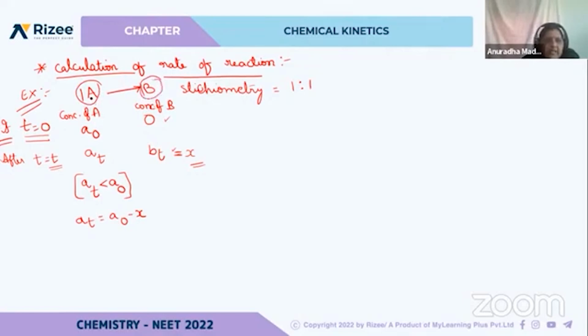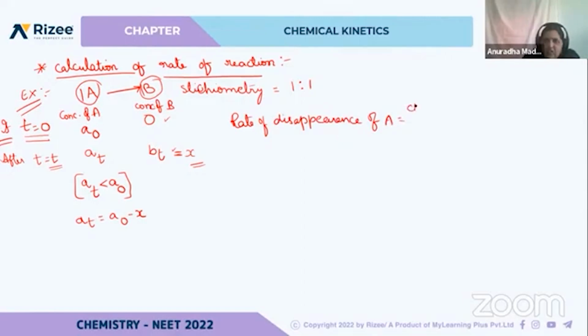How much quantity has disappeared from A is equal to the quantity appeared in case of B. So first let's see the rate of disappearance of A. How can we calculate this one?